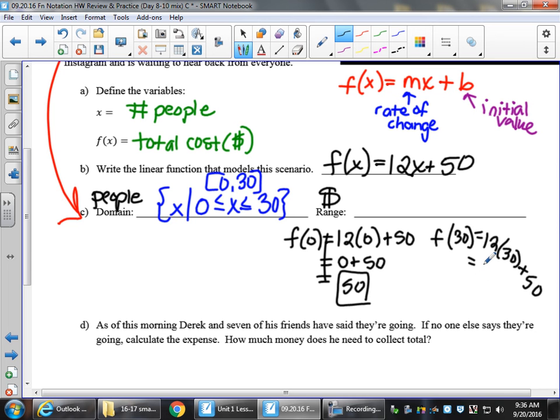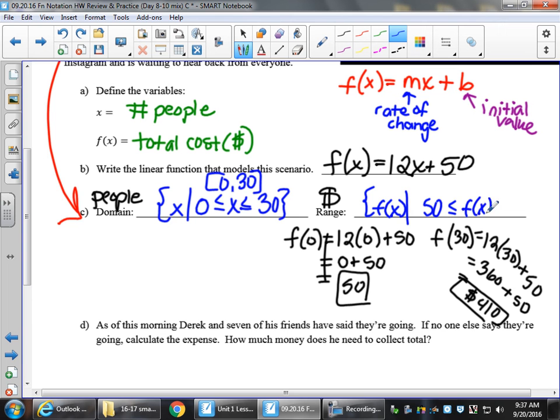What's 12 times 30? Good job. So how am I going to write my range? You can do your set if you choose to from 50 to 410, or at this point I will also accept interval 50, 410. Awesome.